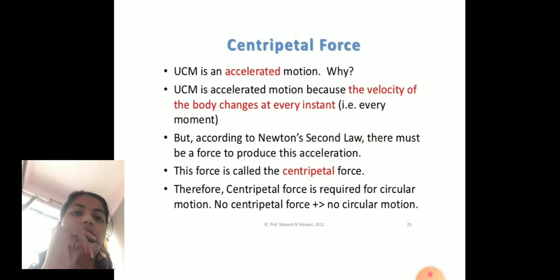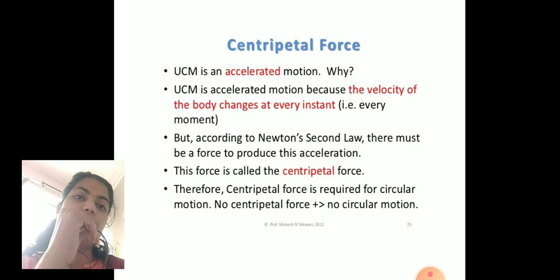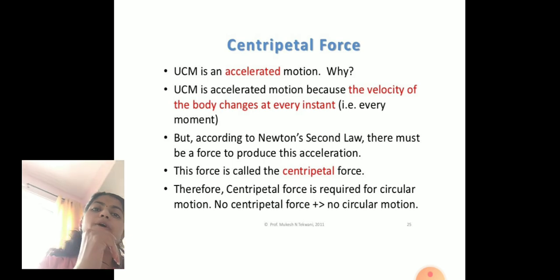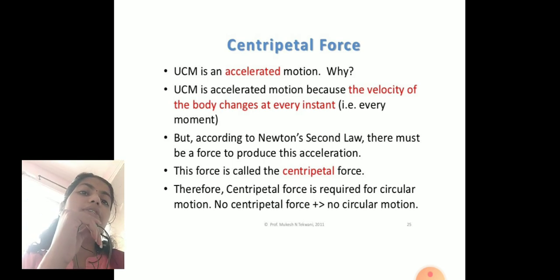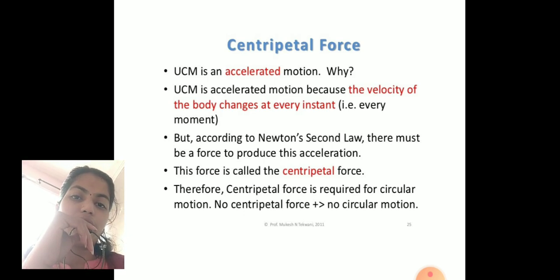Now, centripetal force. Centripetal force means what? UCM, uniform circular motion, is accelerated motion. Why is UCM accelerated motion? Because the velocity of the body changes at every instant. We all know that every particle and every body is changing at every instant.